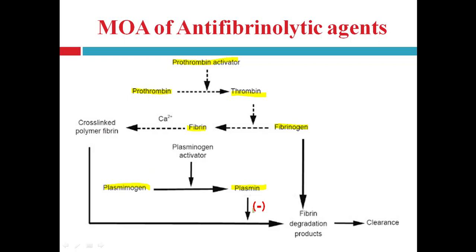Plasmin causes the degradation of this fibrin cross-linked clot, converting it into fibrin degradation products, and it gets cleared off. So plasmin produces the fibrinolytic effect on the blood clot.